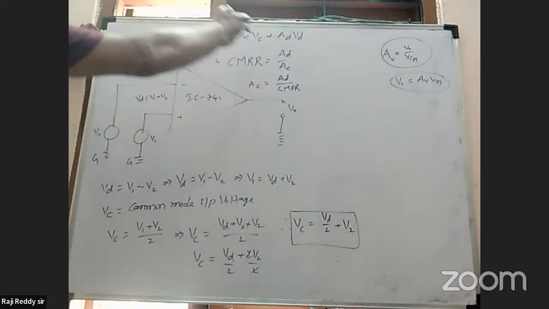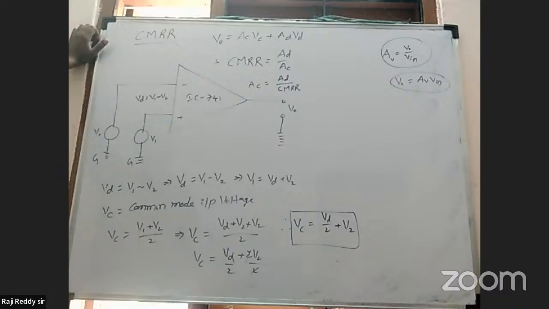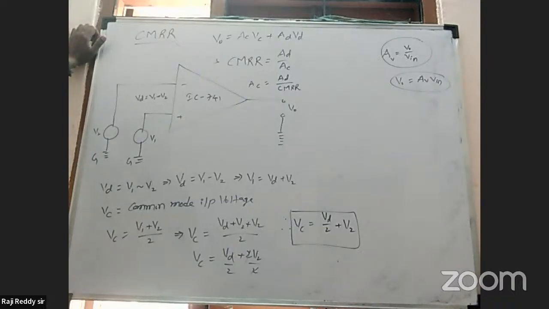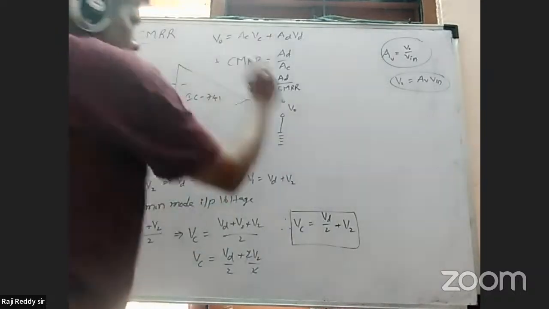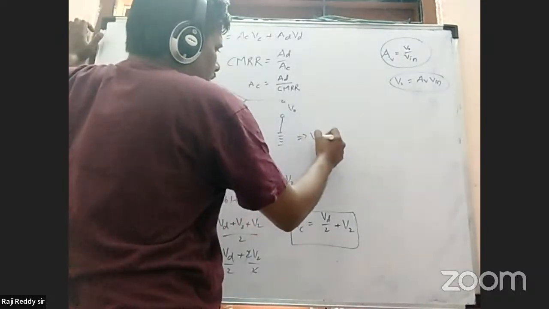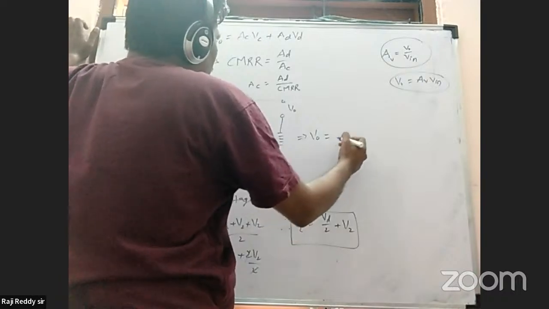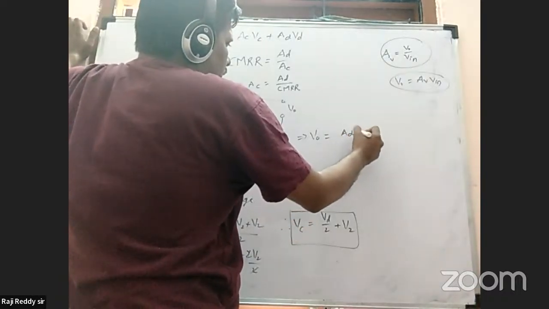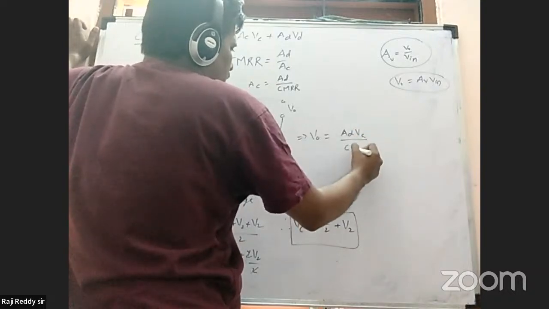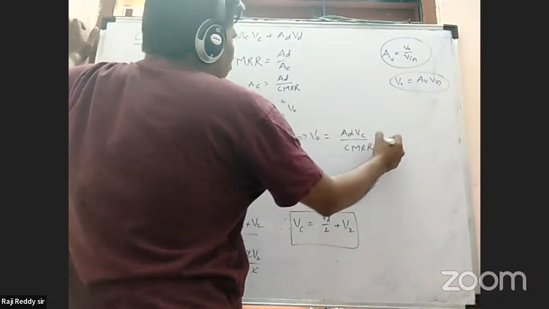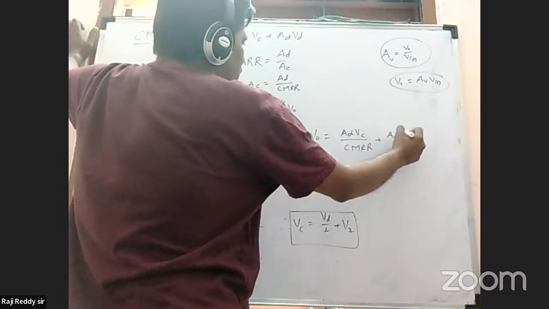This AC value you can substitute here. We can eliminate the AC value. We'll get the answer in terms of VC, AD, VD. So the output voltage V naught is equal to AD VC by CMRR plus AD VD.